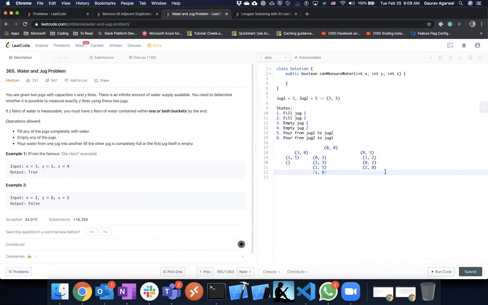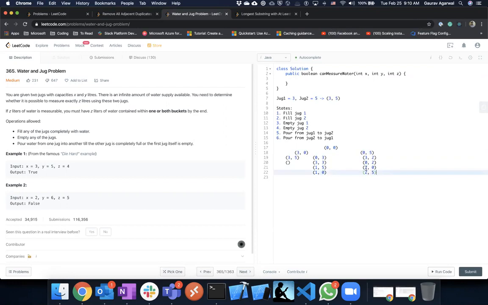Let's talk about 2 0. Fill jug 1, 3 0, we already have. Fill jug 2, 2 5. Do we have 2 5 in our system? No, I don't think so. We don't have 2 5.